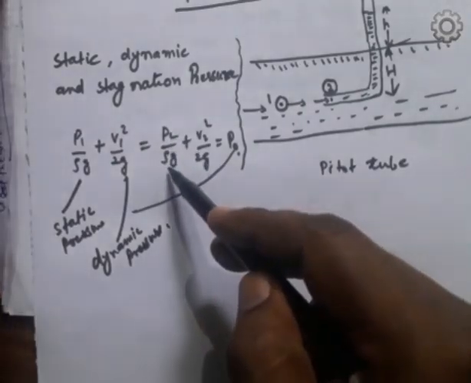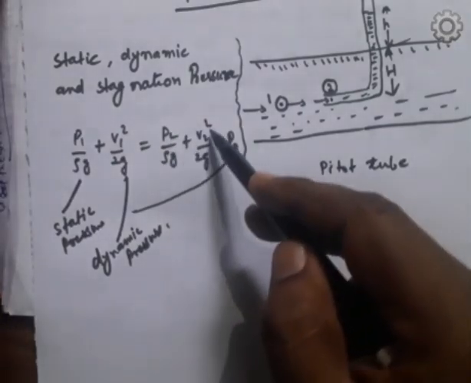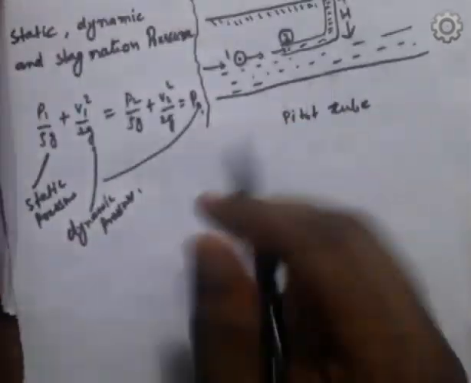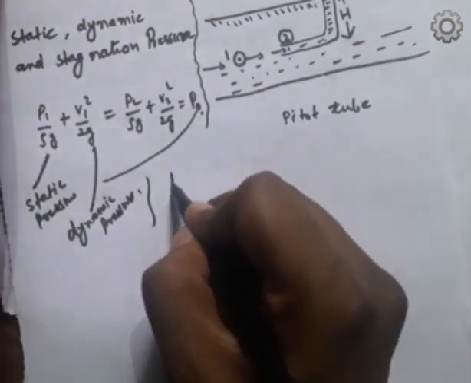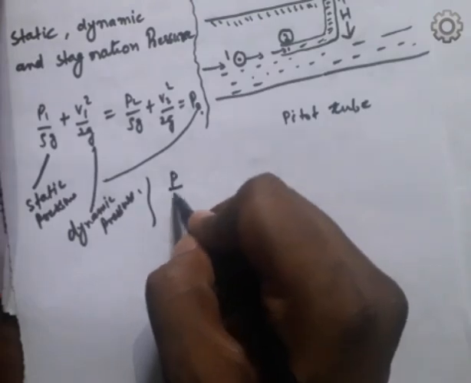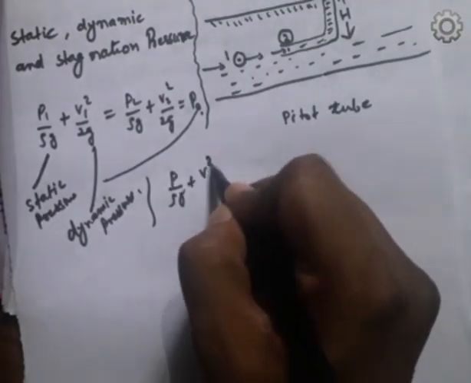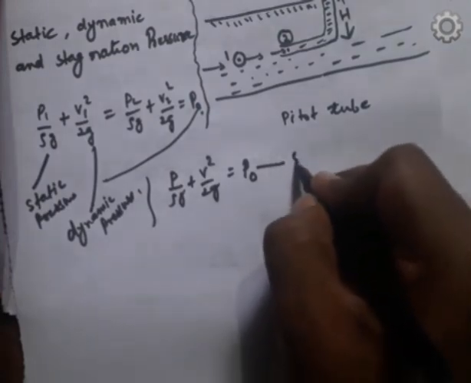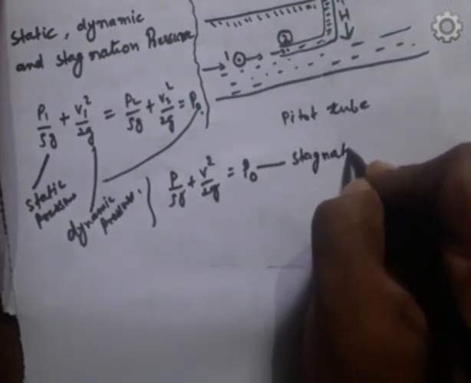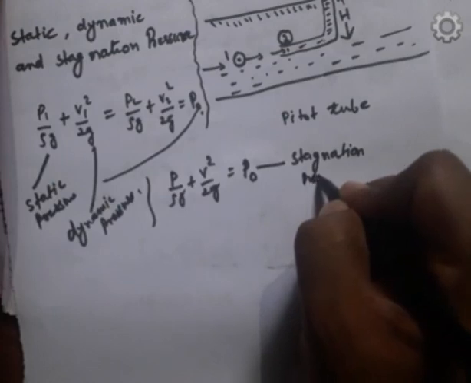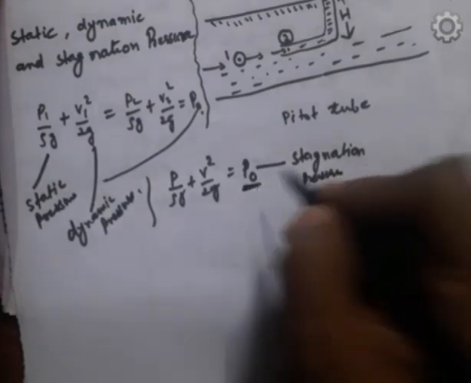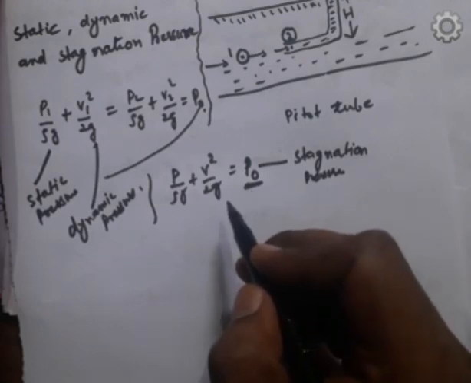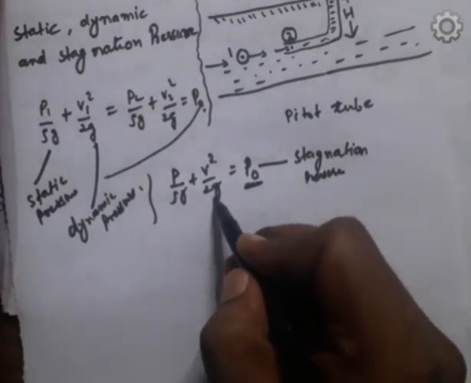Similarly, P2 by rho g is static pressure, and V2 square by 2g is dynamic pressure. So we can write P by rho g plus V square by 2g is P naught, and this P naught is the stagnation pressure.